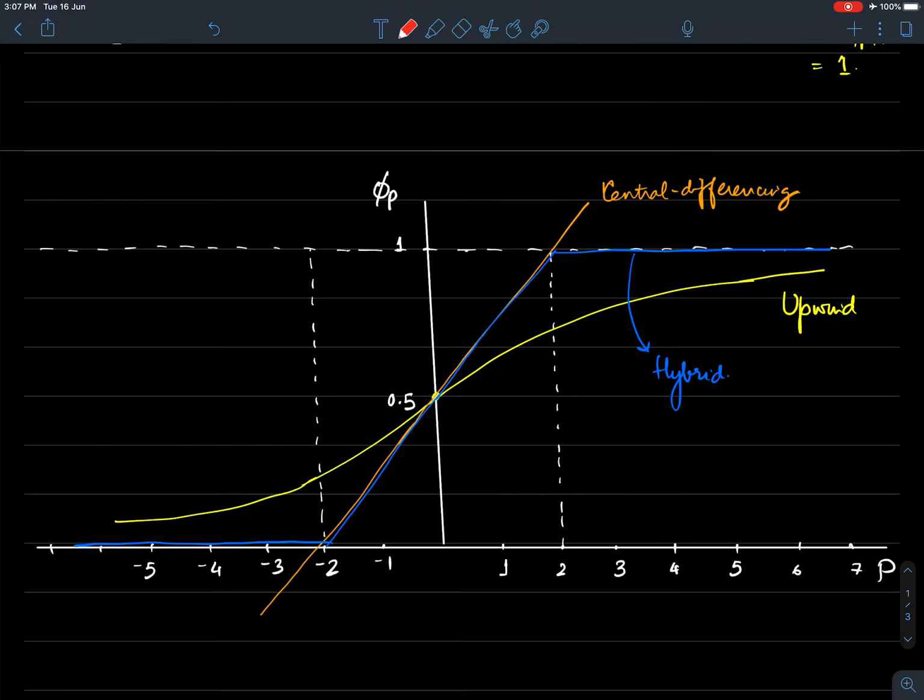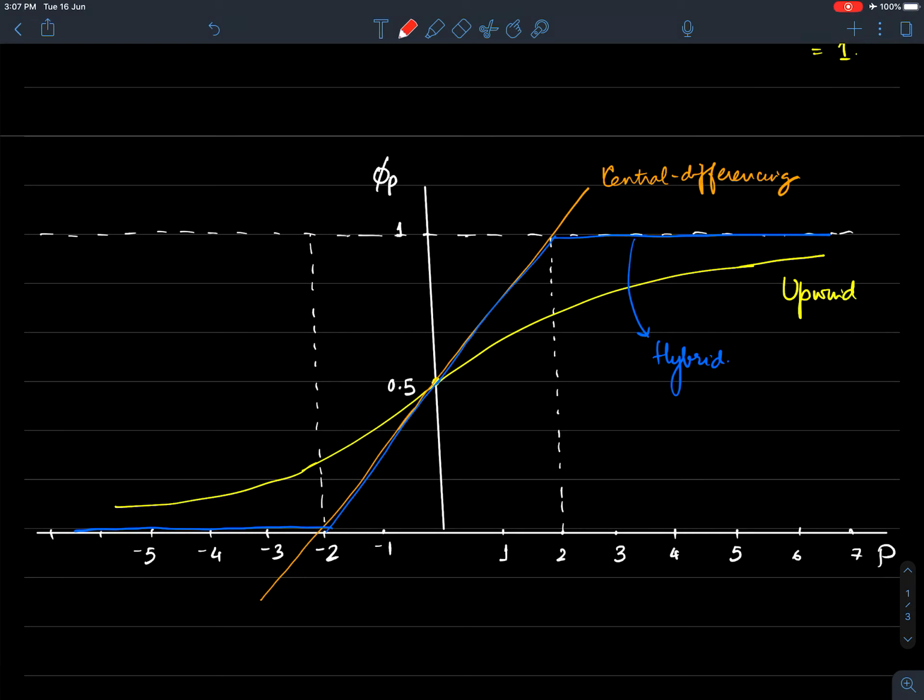If you work this out, the power law scheme will essentially give you this red curve. So phi P will change with modulus P based on the choice of the scheme.